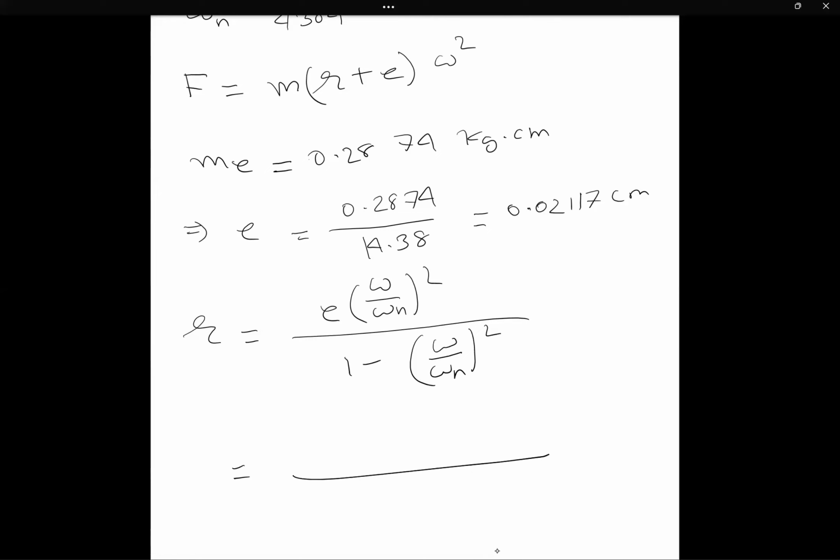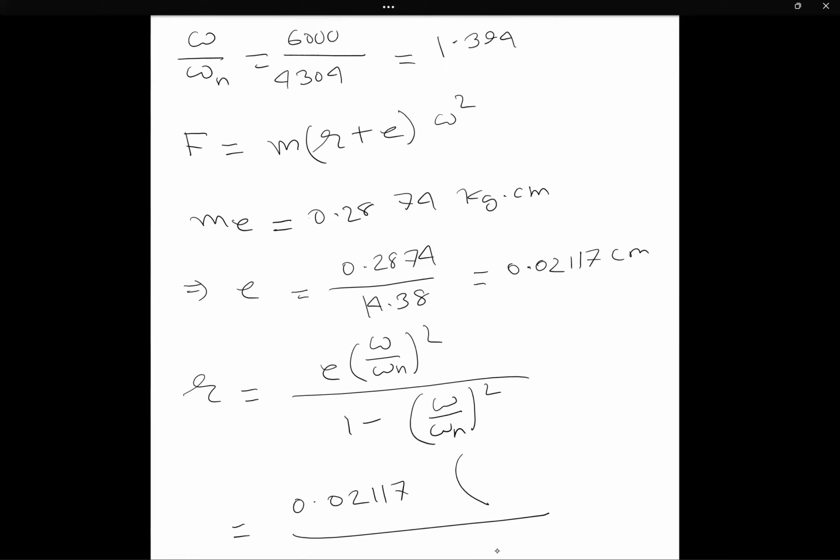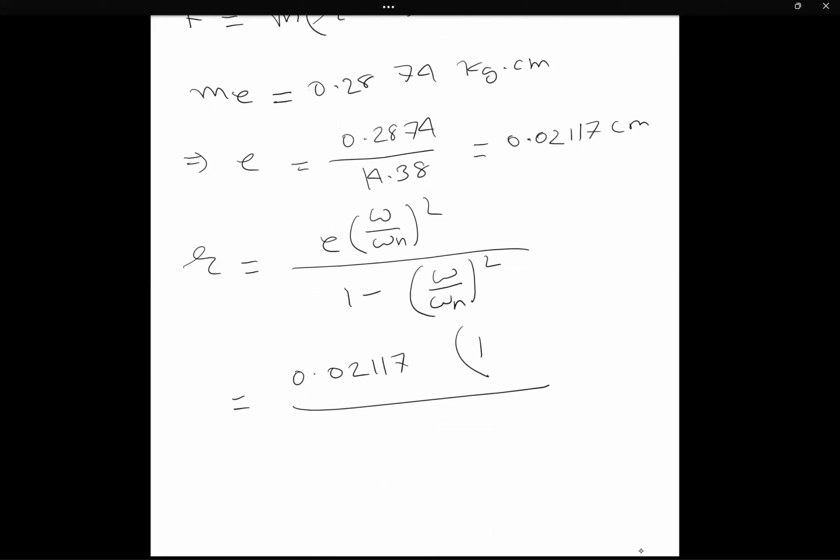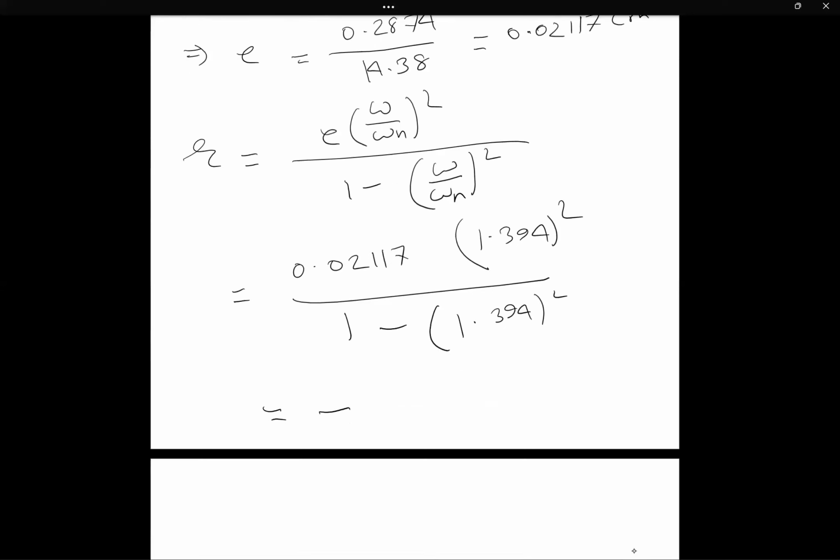If I put in the values, E is 0.0211 centimeter, omega by omega n is 1.394, and 1 minus 1.394 whole square. So R is equal to 0.04316 centimeter.